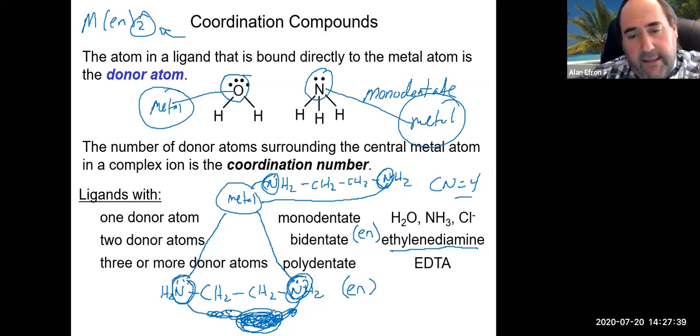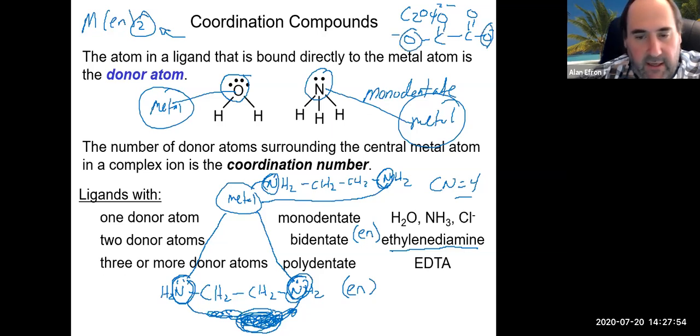Another common one is everybody's favorite, oxalate. If you draw oxalate really quick, give it the old college try here, it looks something like this. This oxygen at one end, the single bonded oxygen at the other end. For every one of those oxalate molecules, both of those oxygens could actually bind to the metal.